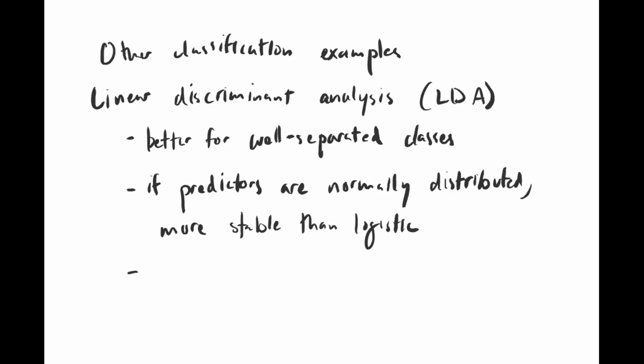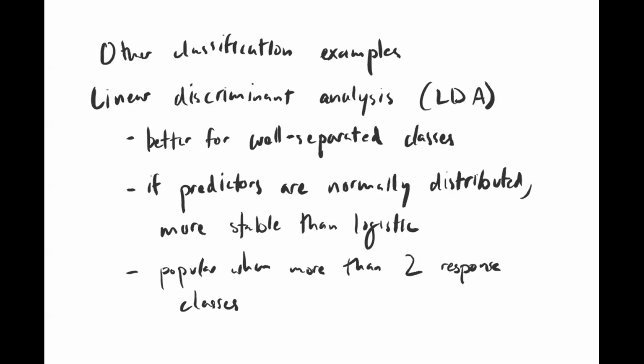And then oftentimes, this is popular when there are more than 2 response classes. Although I wouldn't say this is in and of itself a reason to use LDA. I think it'll depend on other contexts related to the problem.